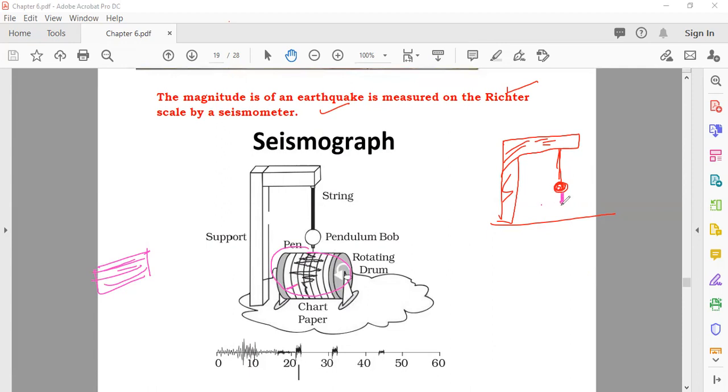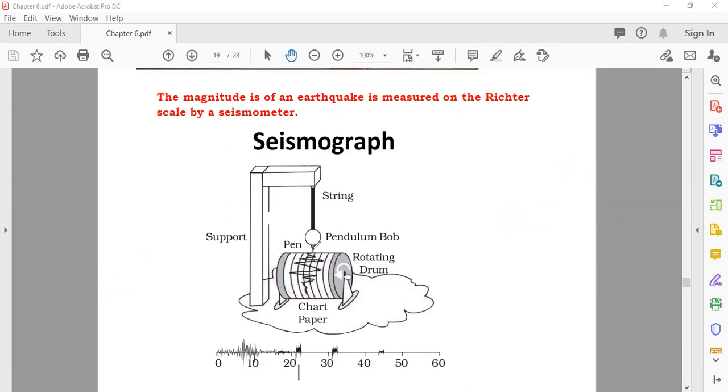When an earthquake comes, this moves in this direction and this direction, and the drum rotates. So the pen is writing like this.